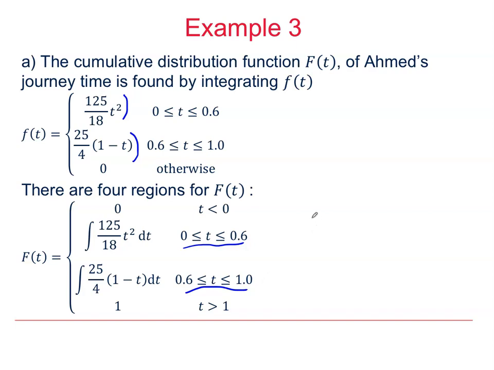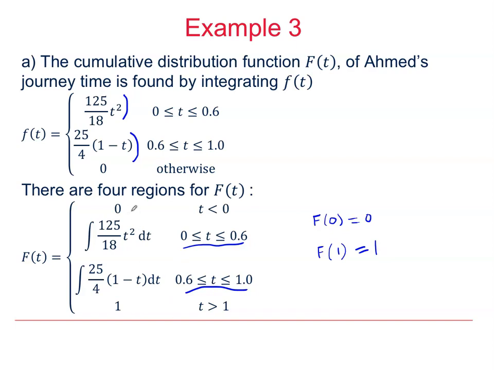It is a fact that the cumulative probability that t is less than 0 is equal to 0. Similarly, the cumulative probability that the time does not exceed 1 hour is 1. We can use each of these facts to evaluate the two constants of integration that will arise when we do our integration.